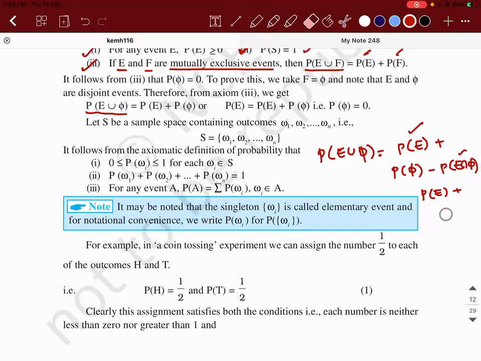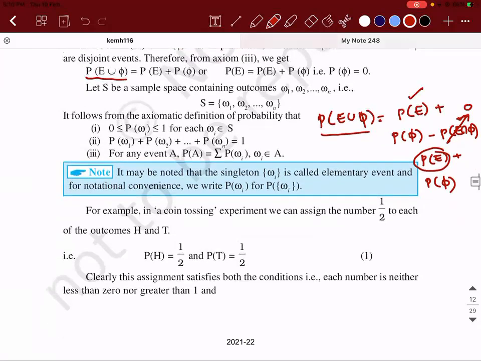What is the probability of E intersection null set? This will be 0. Because if you take the intersection of a set with a null set, you will get a null set. So the null set has 0 elements. So I can write probability of E union phi is equal to probability of E alone.